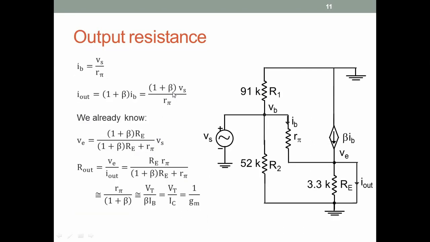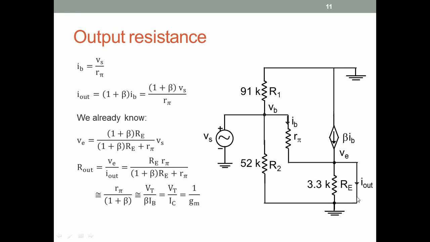Let's look at the output resistance. What is the output resistance? Again, we use Thevenin's theorem. We use that second form of finding the output resistance. So what we are asking is, this is our circuit. What is the resistance looking into the output terminals? So what we do is we find the short circuit current.